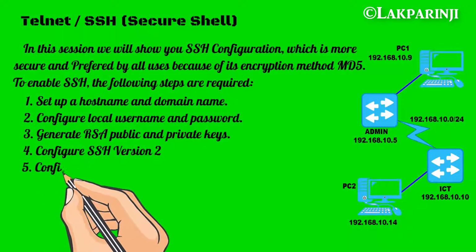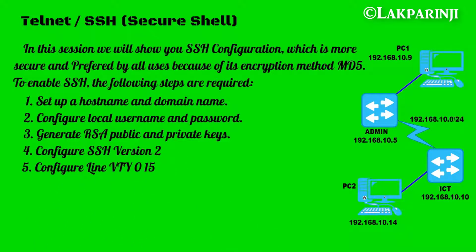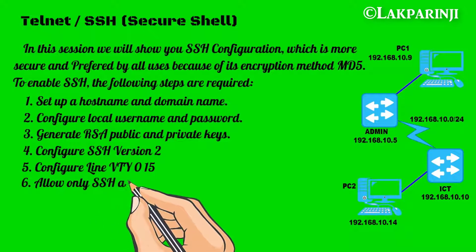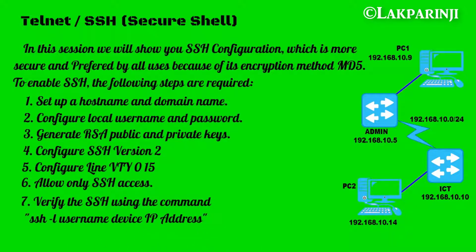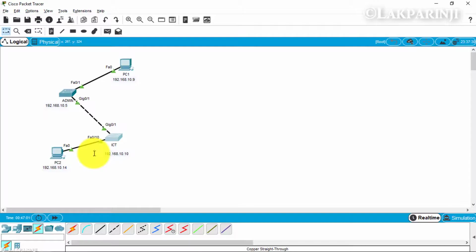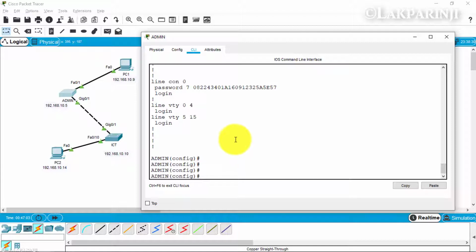For Secure Shell, we have to choose the latest version of the protocol, that is version 2. Then we should set SSH version 2. Then in the VTY line, we have to allow only SSH access to the users. Let's get started in Packet Tracer.